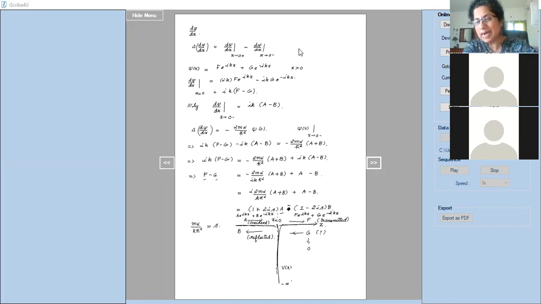So, as I said, if the incidence was from the right, from x greater than 0, then obviously your G becomes your incidence. It's the amplitude of the incident wave. Your F becomes reflected. And then which factor goes to 0, please? That's what I was asking before I disappeared.